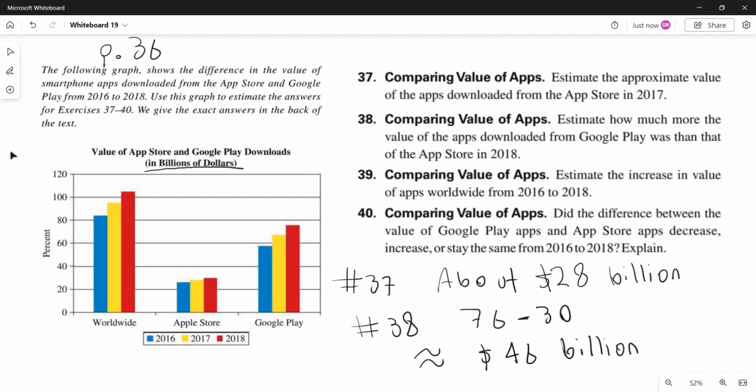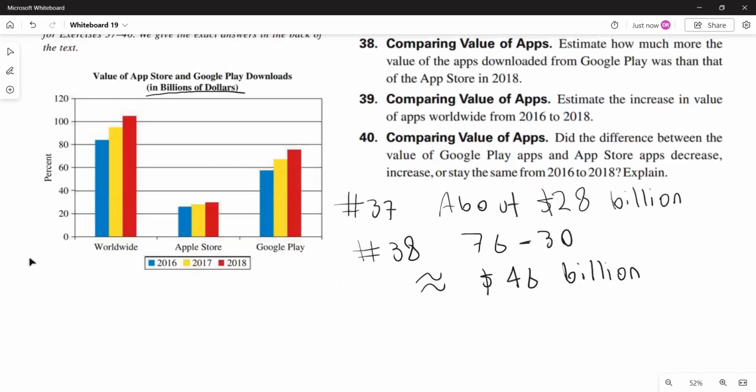Number 39, estimate the increase in the value of the apps worldwide from 2016 to 2018. Okay, so worldwide, we're looking at the first set of bars. That's going to be approximately 105, I'm just making a raw estimate, minus about 84.